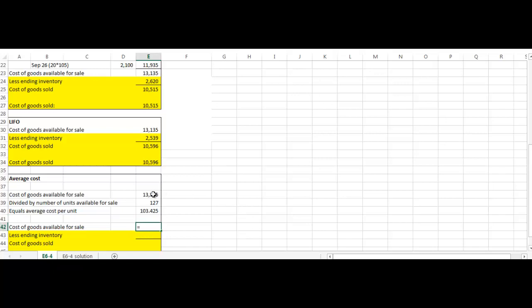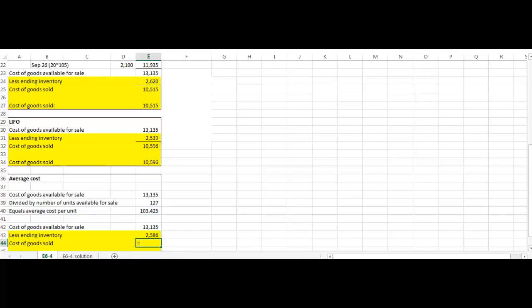So, again, cost of goods available for sale, less the ending inventory. Remember, there were 25 in ending inventory, so that 25 is going to be multiplied by what we just calculated for our average cost per unit, or $2,586.